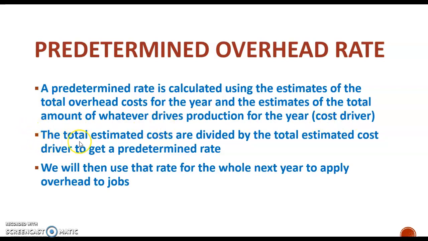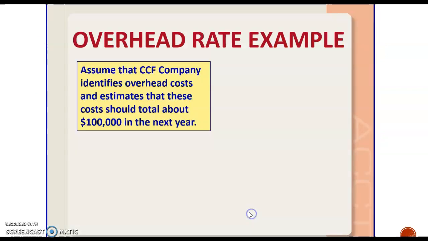Okay? So I have two estimates. I got to figure out the total estimated costs of overhead for next year and the total estimated driver. Okay? And so the costs are divided by the driver, and that gives us that predetermined rate. We're going to use that same rate for the whole next year.